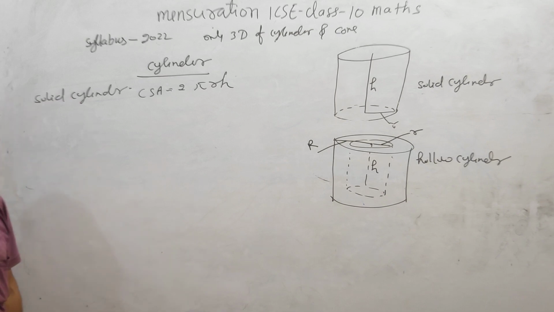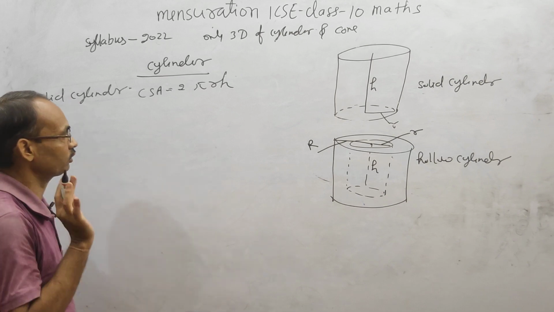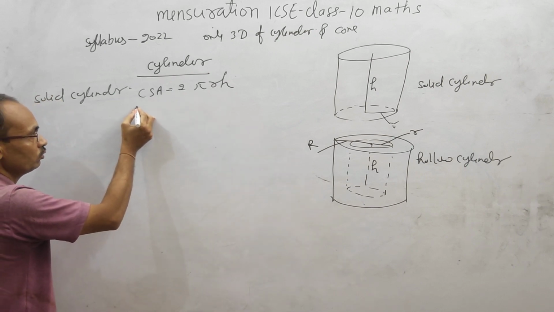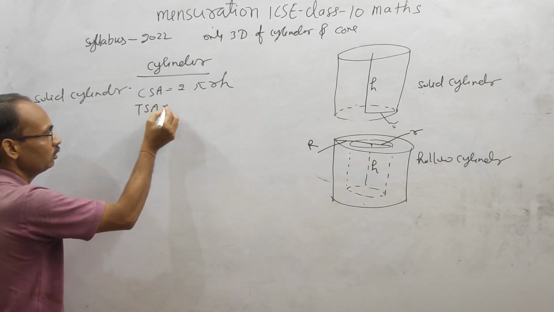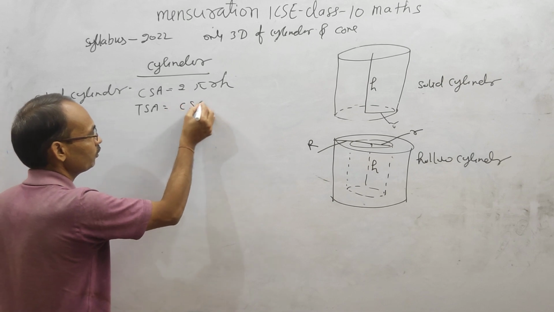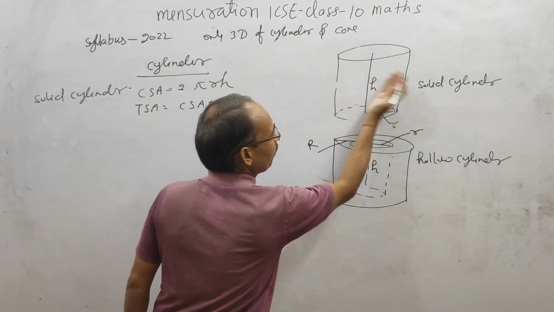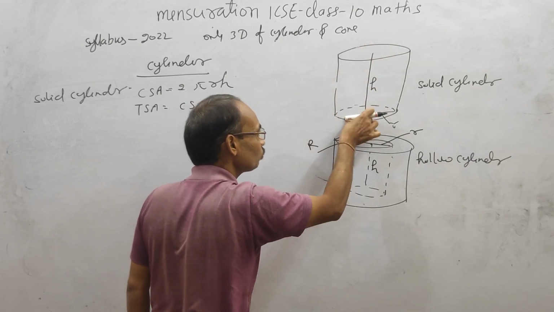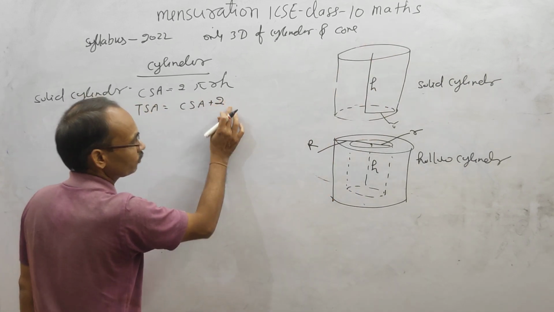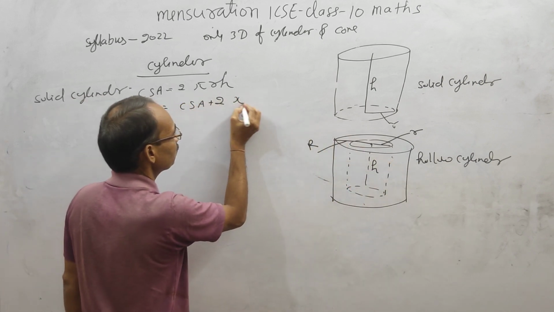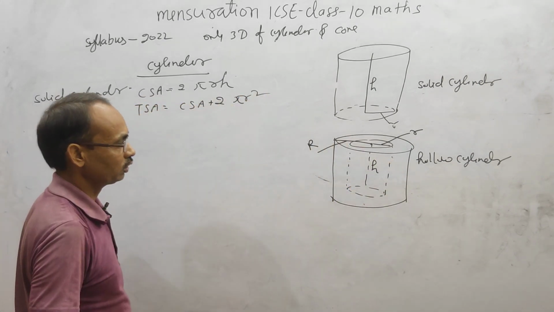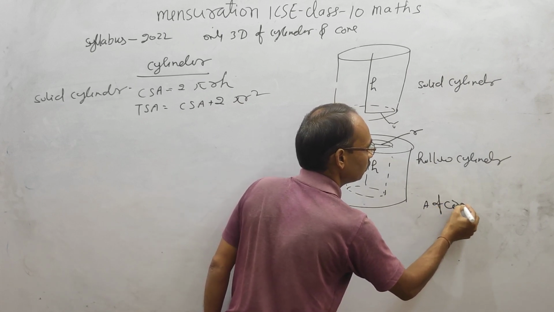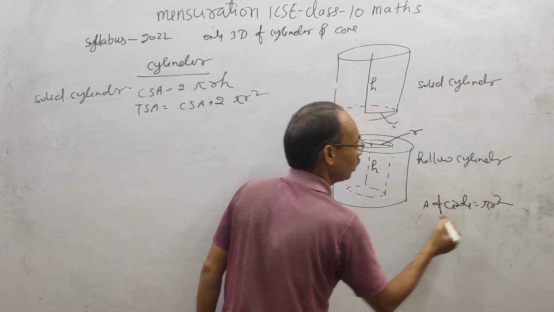Curved surface area is only 2 pi r h, and the total surface area is equal to the curved surface area and one circle and one circle, I mean two circles, each pi r square. Area of circle is equal to pi r square.